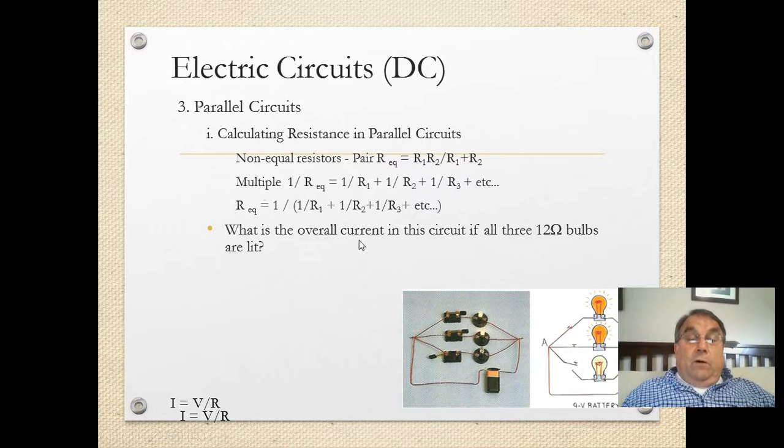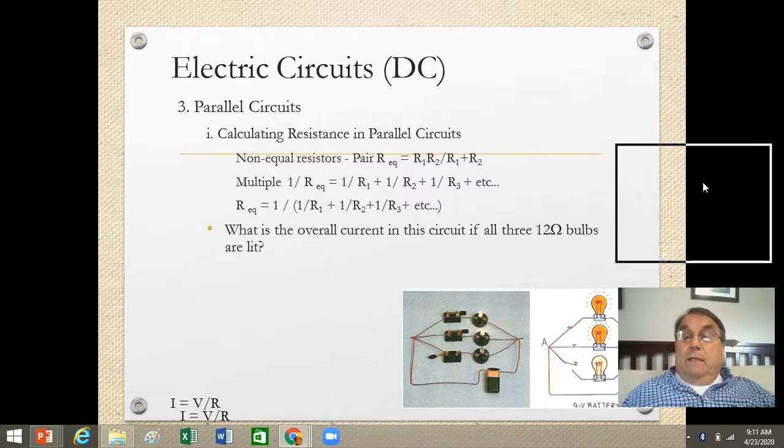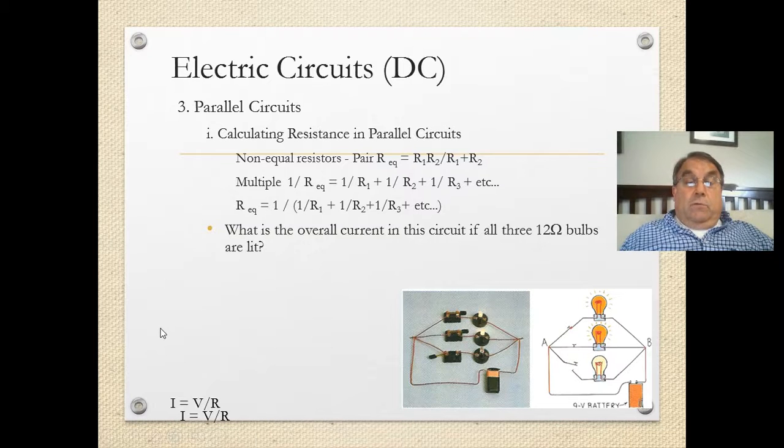So what is the overall current in this half of the circuit if all three 12 ohm bulbs are lit? Okay, so what we would do is, here's an equation if you have two identical resistors in parallel with each other.